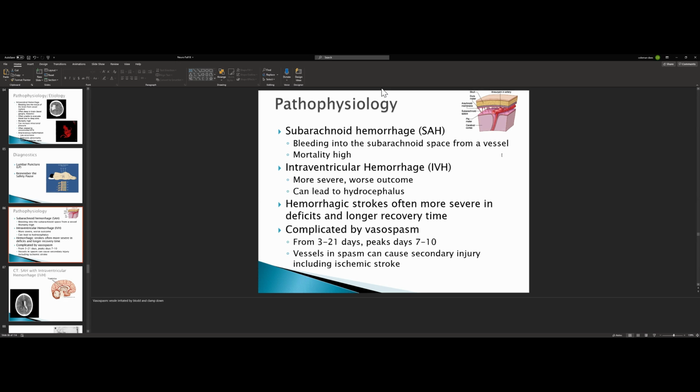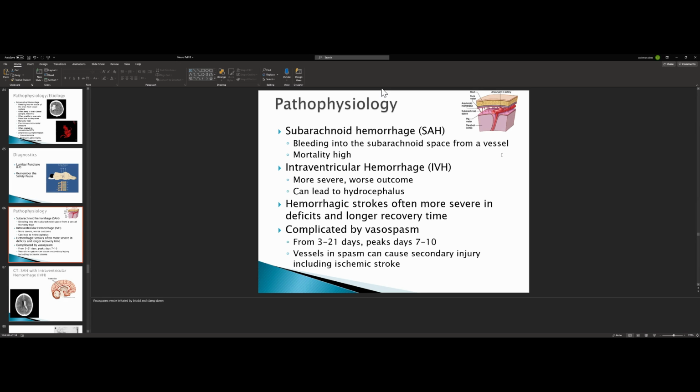The point being that the presence of intraventricular hemorrhage does have a worsening effect on mortality. So it can lead to hydrocephalus, but in general, patients with a subarach, especially if it's a severe subarach, are going to get a drain so that we can monitor their ICP, we can drain off as needed, and we can kind of keep tabs on how things are going.